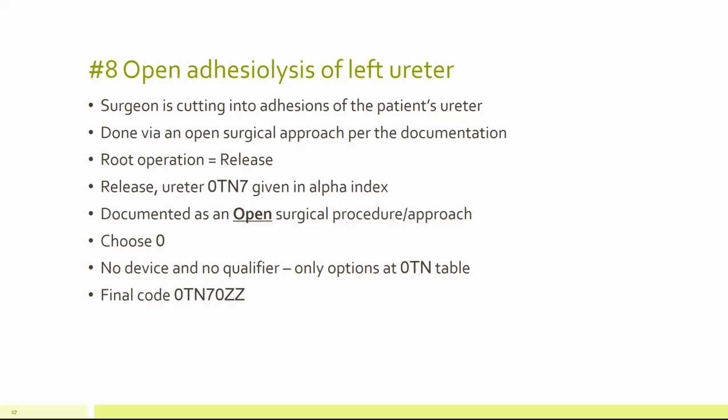So in this situation, the physician is going in and cutting into these adhesions to open up the space of this tubular organ called a ureter. And it happens that you have 2 of them, one on the right, one on the left. In this particular operation, the physician is only working on the left side.